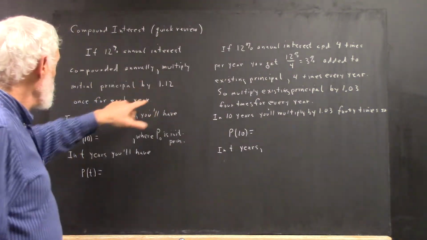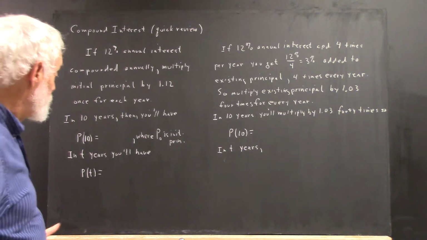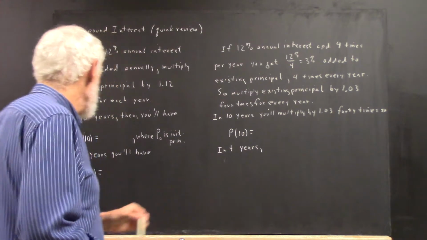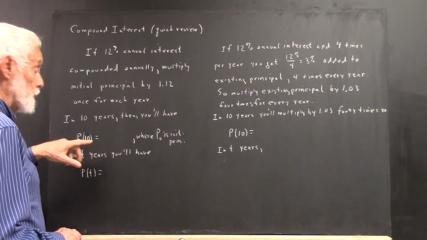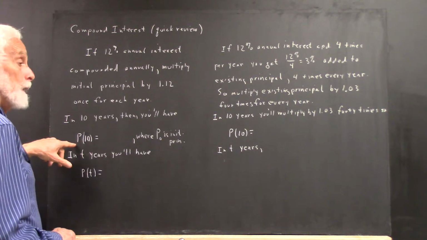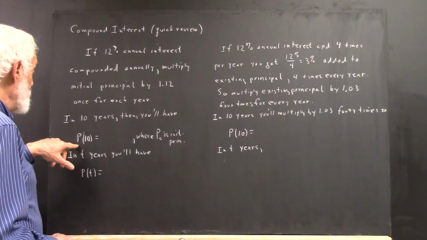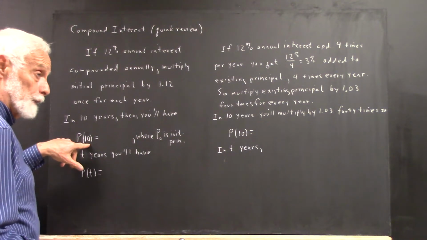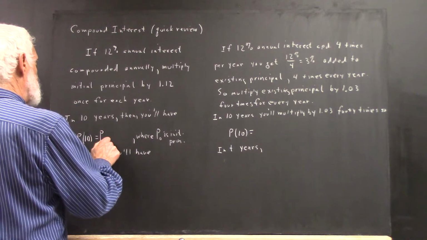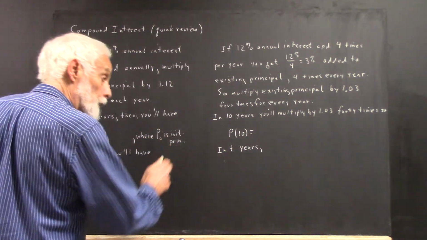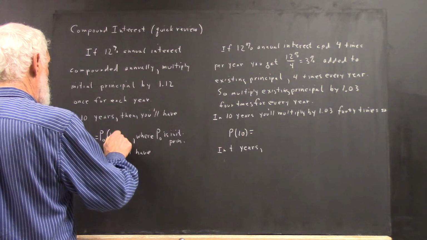Okay, we do that again once for every year. So in 10 years, how much are you going to have? Well, P of 10, because I'm going to do this in function notation. P is your principal function. P of 10 is your principal function after 10 years. And that's going to be P sub 0, where P sub 0 is your initial principal, multiplied by 1.12.